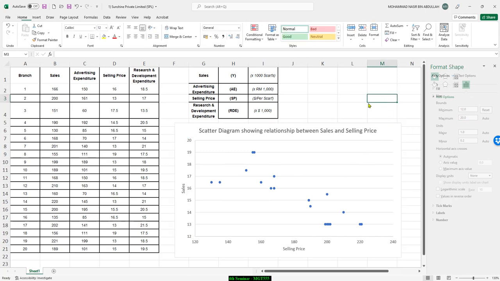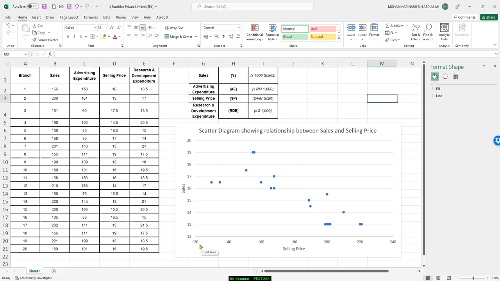So kalau kita nampak dekat sini, kita boleh kata apa ni? Ni apa trend dia? Trend dia menurun kan? It's a decreasing trend, right? Dia menurun from left to right. So in correlation kita boleh kata apa? There is a negative correlation between sales and selling price.